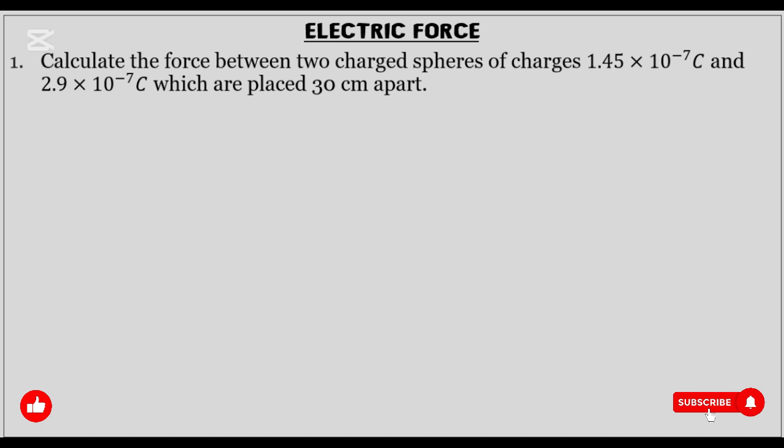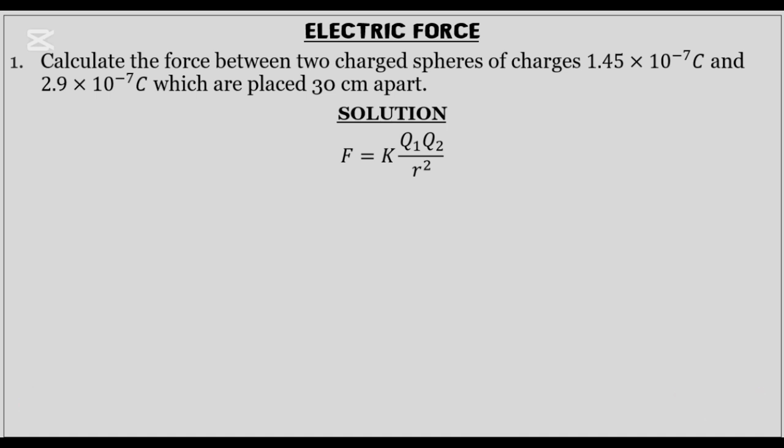With our solution, we have our equation which says F equals K Q1 Q2 over R squared. And we should note the constant K, which is 8.99 times 10 to the power 9. You can round it up to 9 times 10 to the power 9, but it is advisable to use 8.99, which is the constant value for K.